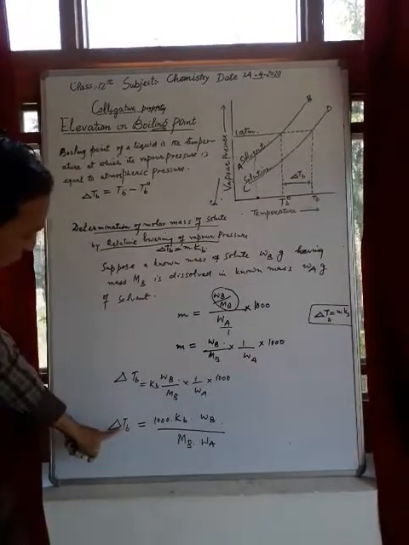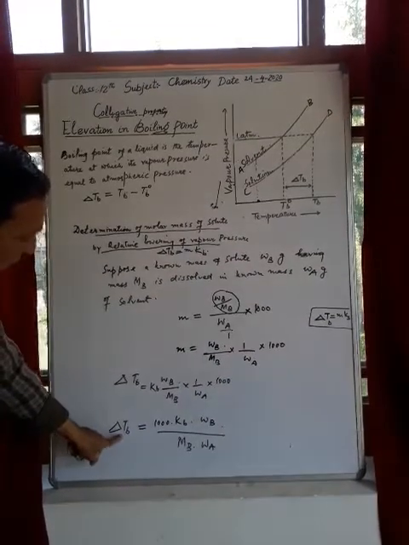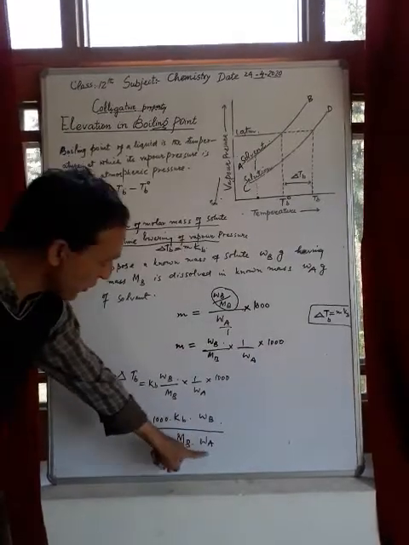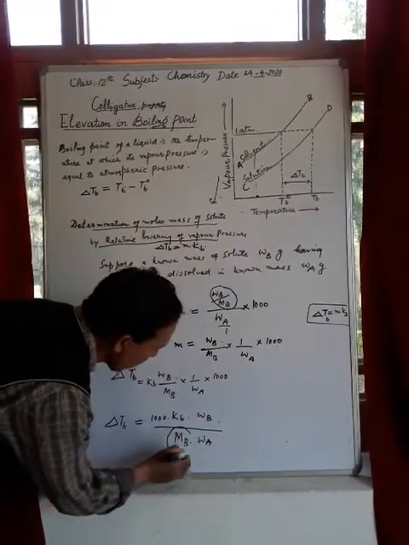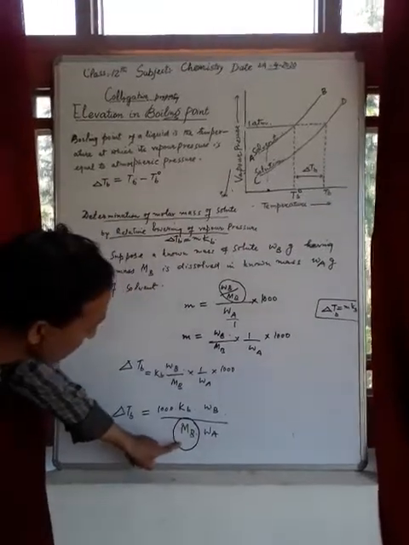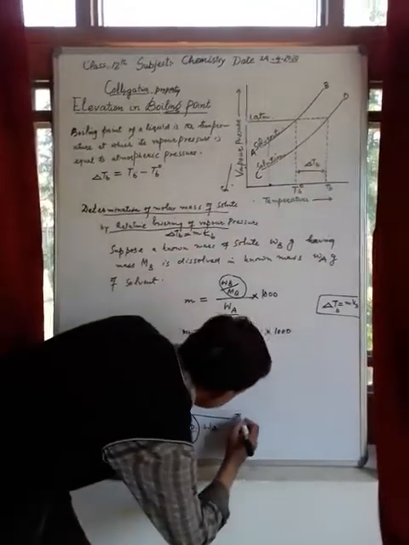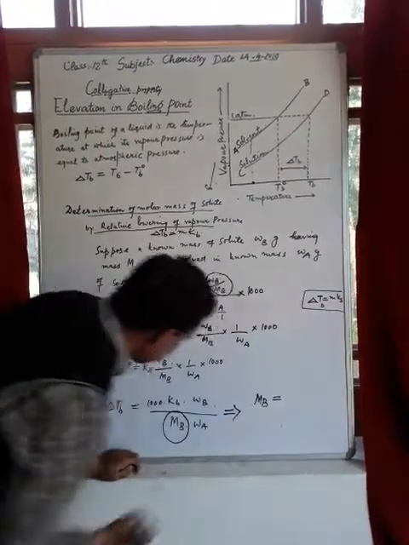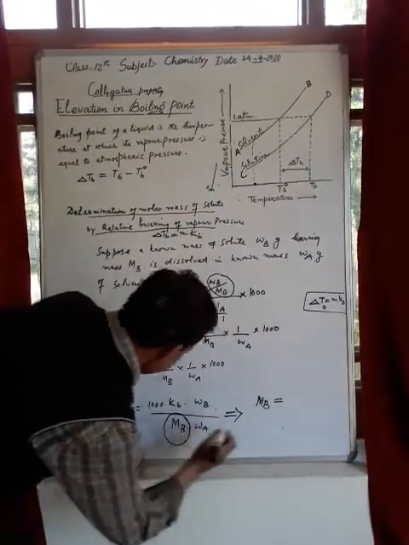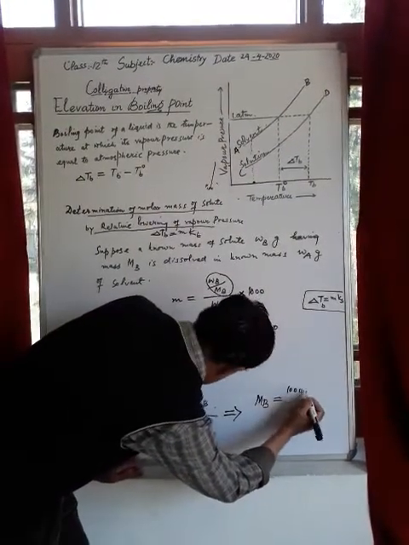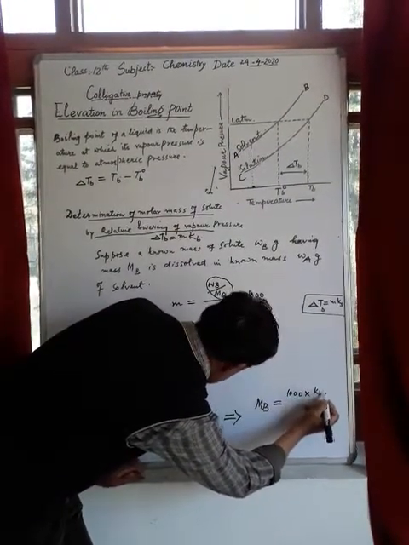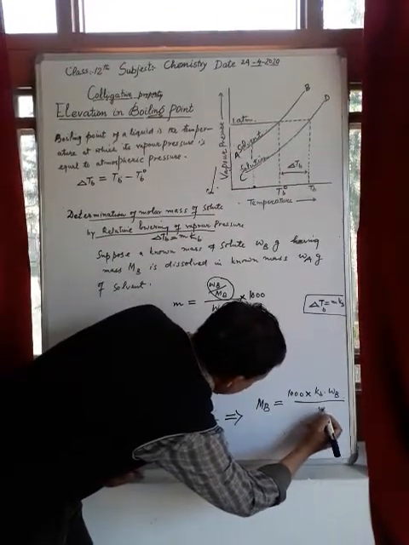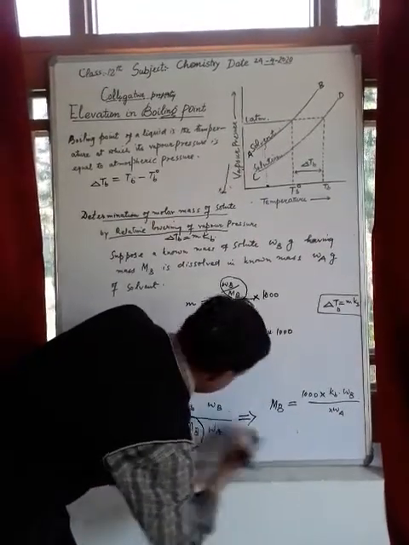Thus, knowing the values of elevation in boiling point, molal elevation constant, mass of the solute and mass of the solvent, the molar mass of the non-volatile solute can be calculated, which we can write like this: MB is equal to, by cross multiplication, 1000 into Kb into WB divided by WA into del TB.